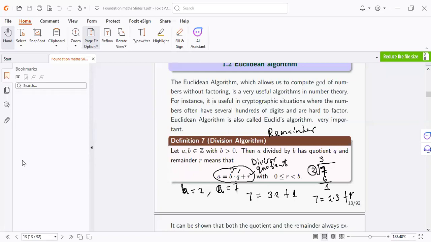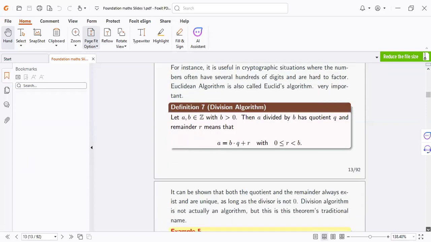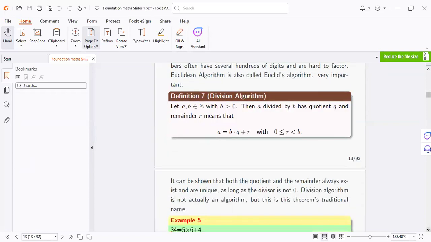But what is the Euclidean algorithm? That's what is important, and we shall see what the Euclidean algorithm is. We are doing division, using the division algorithm continuously, until we have a remainder of 0.